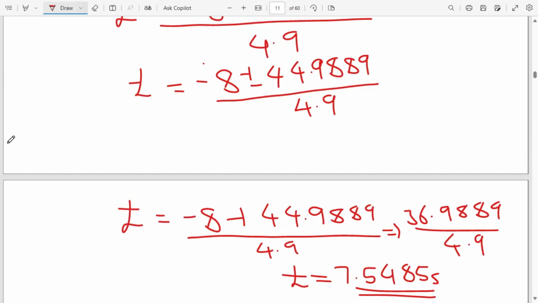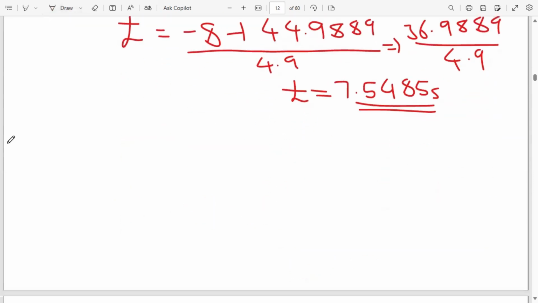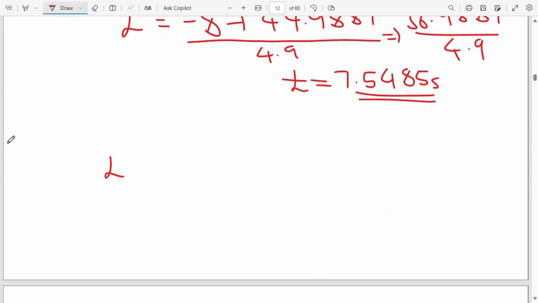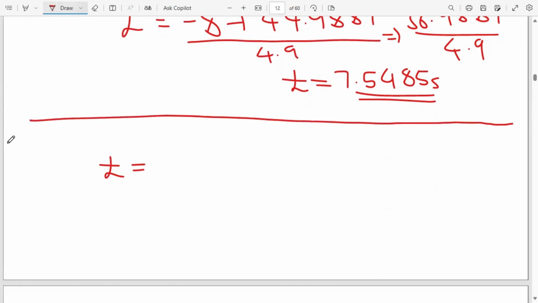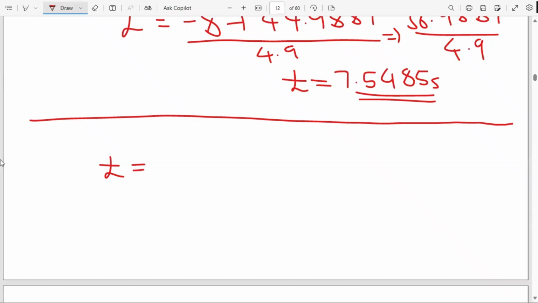If you don't want to use this route, there is also an alternative route. Time is equal to V final minus V initial over acceleration.